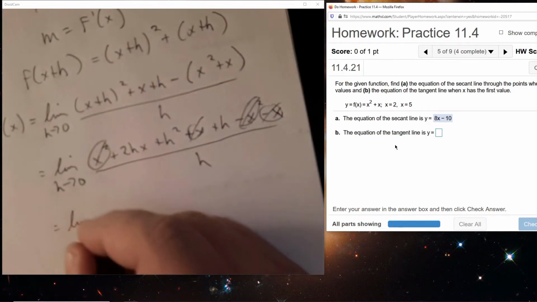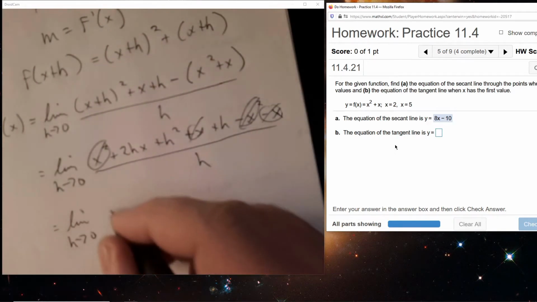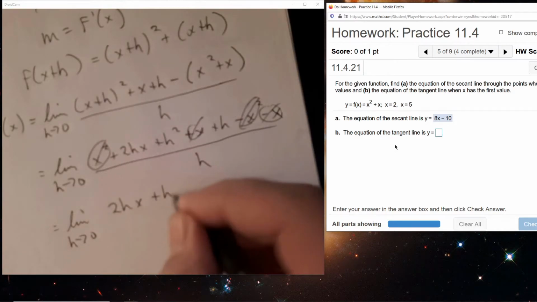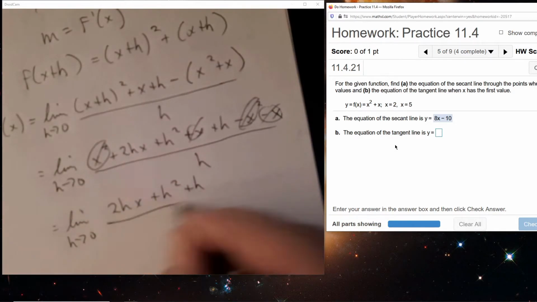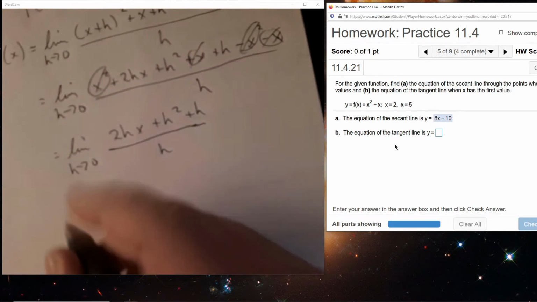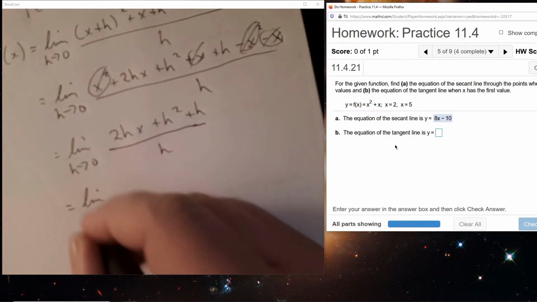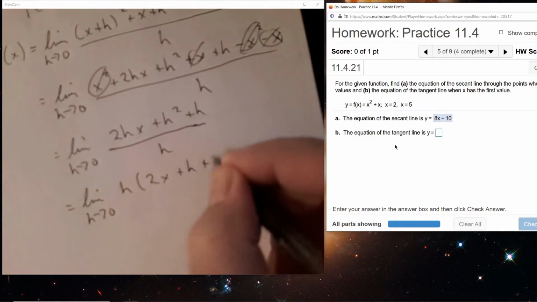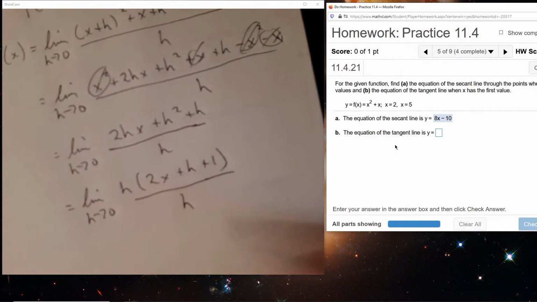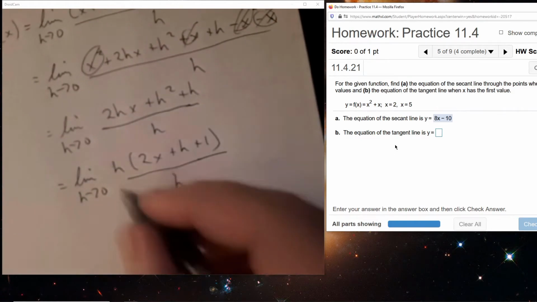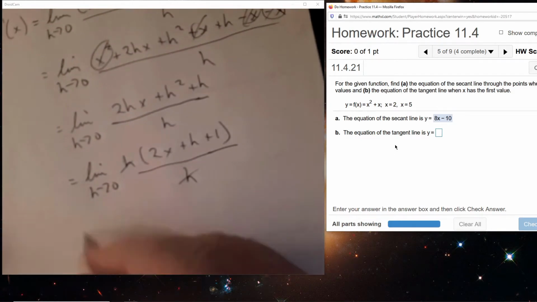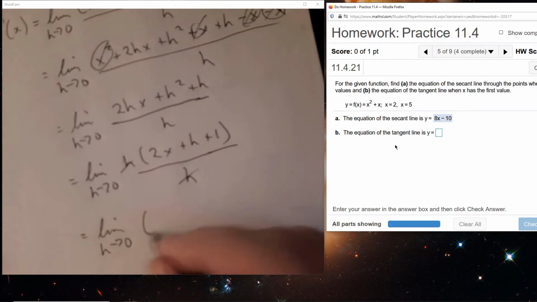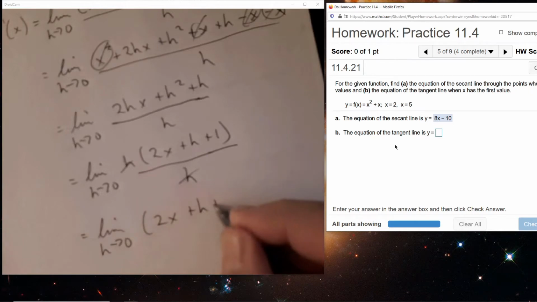And what's left over, we have the h that we can factor out in the numerator. And now those h's divide out. And so the limit simplifies all the way down to 2x plus h plus 1.